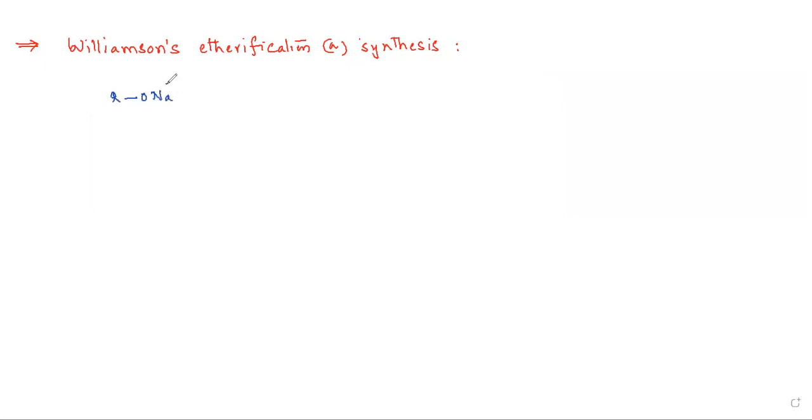Now, in this reaction, sodium alkoxide is treated with the alkyl halide. Remember, this reaction is of SN2 type.